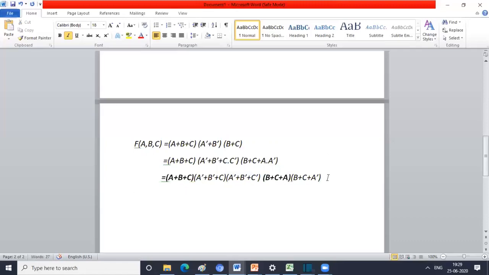I should replace those two identical terms by a single term A plus B plus C. And all other terms will come as they are. So I will remove this duplicate. So now I can say that this is a POS expression which is in standard POS form.